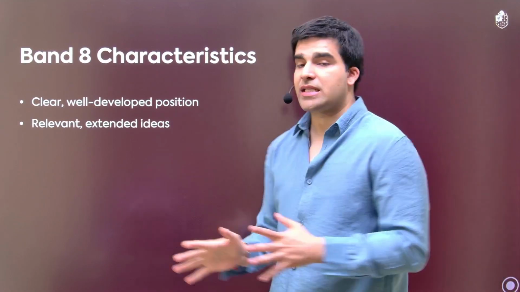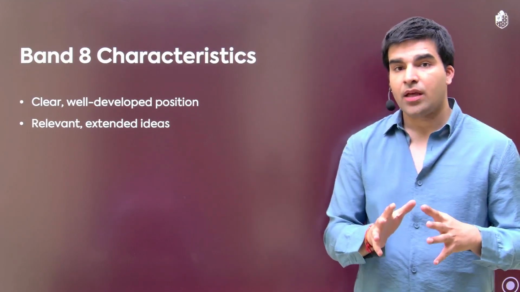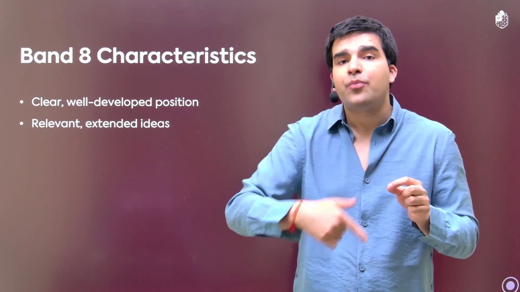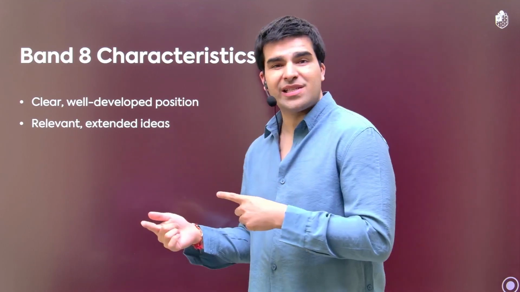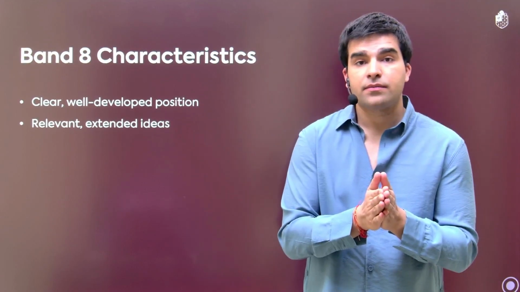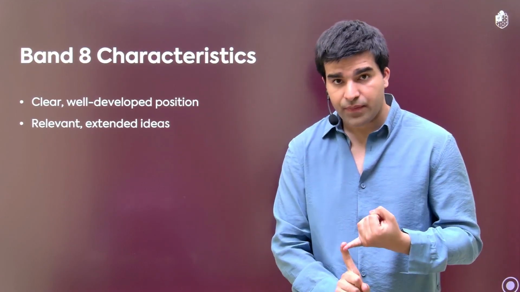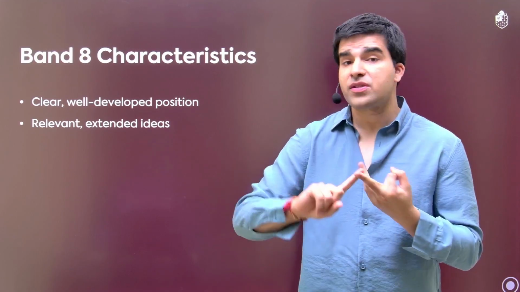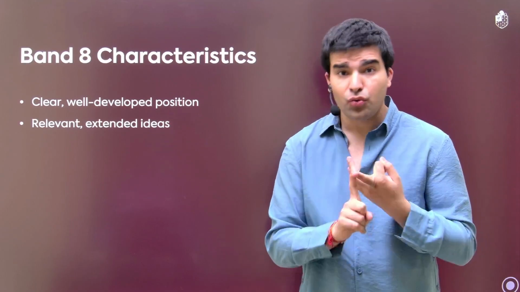Relevant extended ideas. So you're not only talking about sentences and arguments, but you're also elaborating on it. As I said in the foregone statement, you're talking about the evidence, you're talking about the examples, you're also mentioning data, a lot of data.